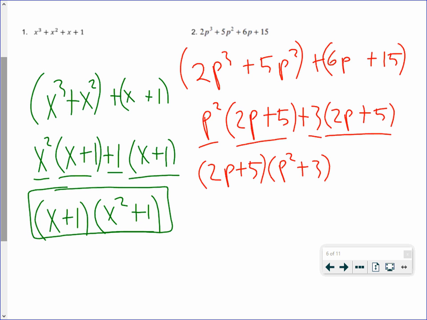Again, we're going to double check. Can we reduce this any more than we already did? I really can't. 2p plus 5 is as factored as it can get. p squared plus 3 is also as factored as it can get. So this is our factored polynomial of number 2. Okay?